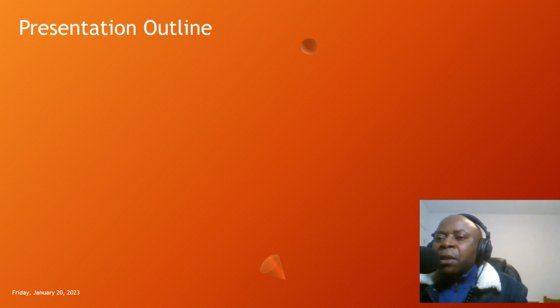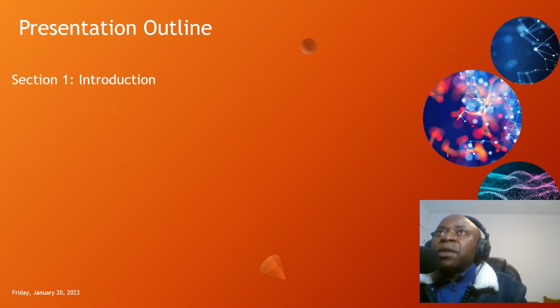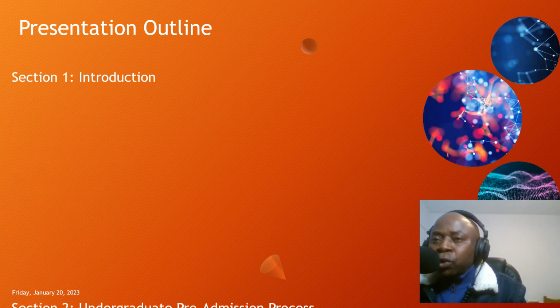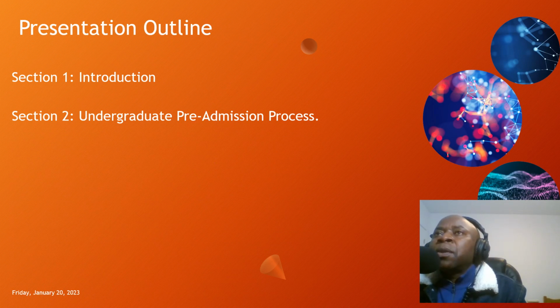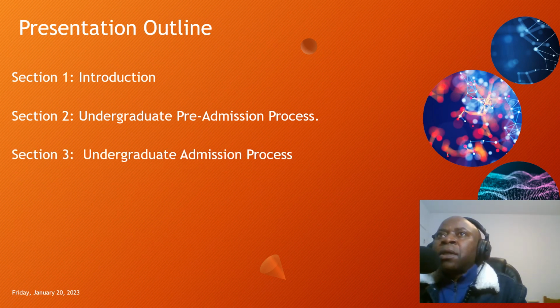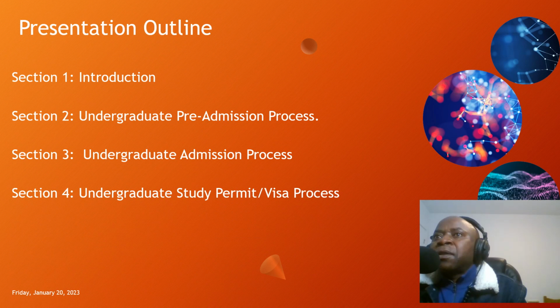So in today's episode number 4, the presentation outline: we'll start with section 1, introduction; section 2, undergraduate pre-admission process; section 3, undergraduate admission process; section 4, undergraduate study permit visa process; section 5, departure and arrival.